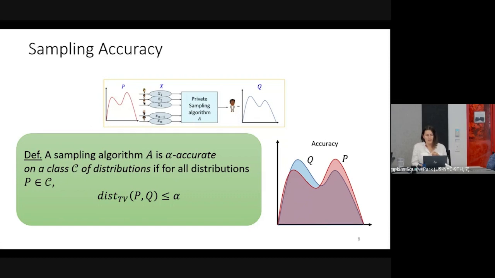And the algorithm gets to know what the class of distributions is, and this encodes any information or assumptions that the algorithm gets to make about the class of distributions. We wanted to formulate this as the weakest non-trivial learning goal, and see what we could prove about it in the private setting.